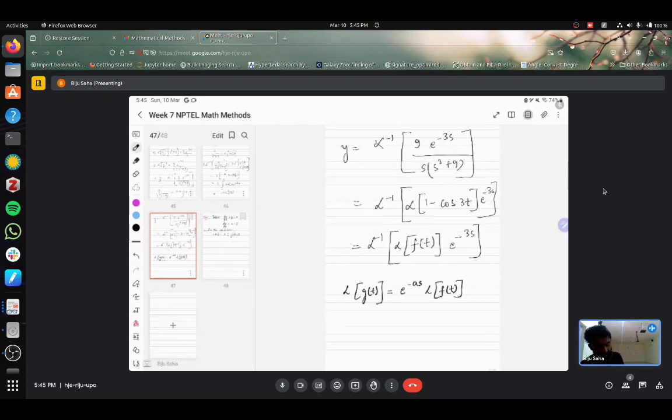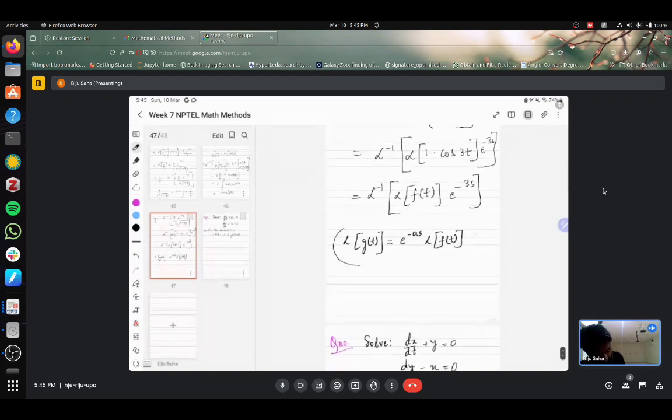So obviously from this result you can conclude that this is the inverse Laplace transform of the function g(t).